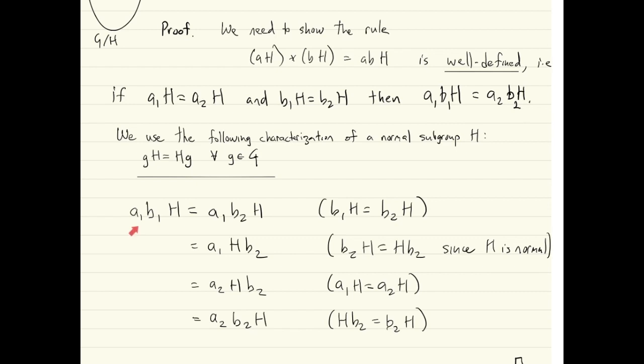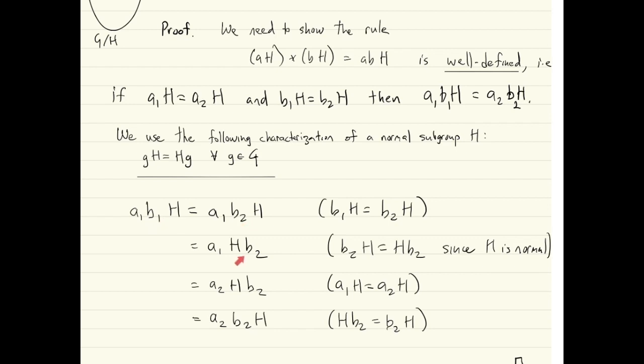So let's start with A1B1H, and our assumption is that B1H equals B2H. In other words, B1 and B2 are different names for the same coset. And so B1H equals B2H.